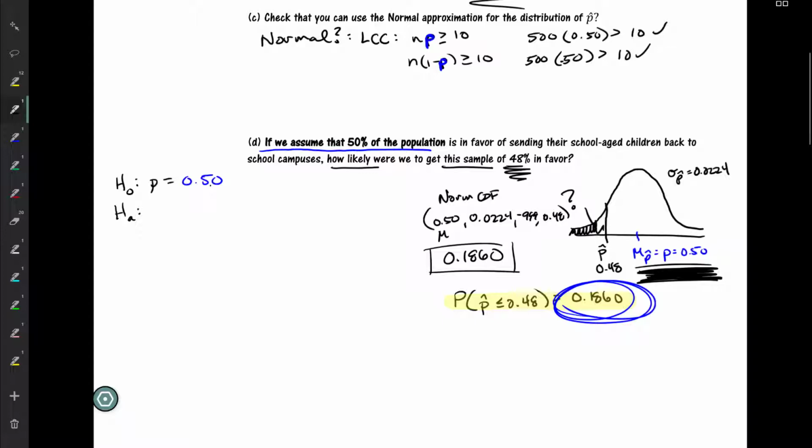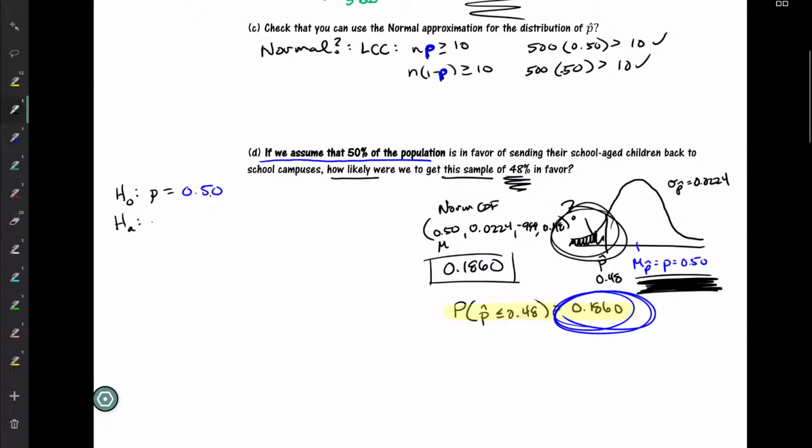Remember, we wanted to know how likely we were to get this sample of 48% in favor. So where is 48%? It's to the left. It's less than. So I will say, I think that it's actually less than 50% that are in favor of this. That's my alternate hypothesis, and I define this value P, where P is the true proportion of parents in favor of this idea.